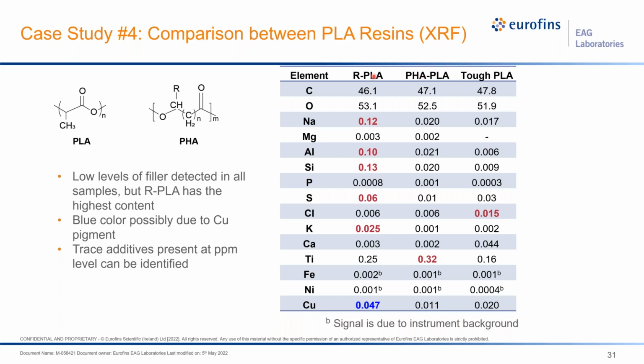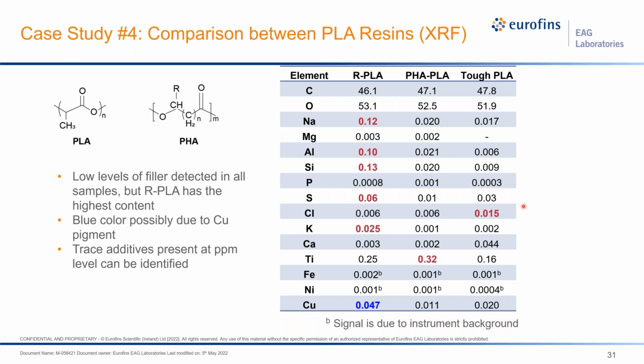You can see that the carbon and oxygen levels are generally very similar, but for example, the regular PLA had a much higher sodium, aluminum, silicon, sulfur, and potassium content. Similarly, we find that the tough PLA had significantly more chlorine than the other samples that we looked at.